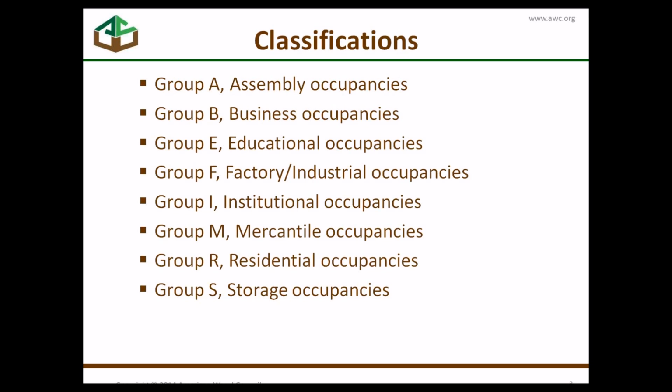Actually, we will have a publication focusing specifically on each of these use groups individually, and there is one posted currently for the 2009 edition of the International Building Code. The main document, Code Conforming Wood Design, that you've downloaded, addresses all of these.